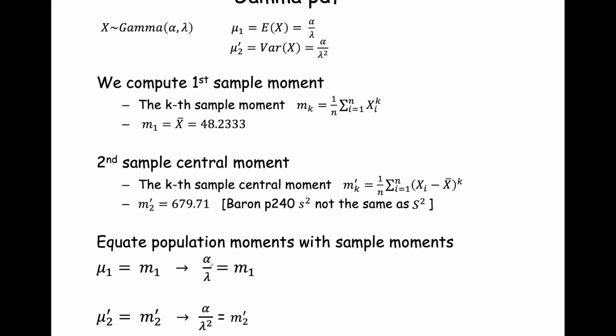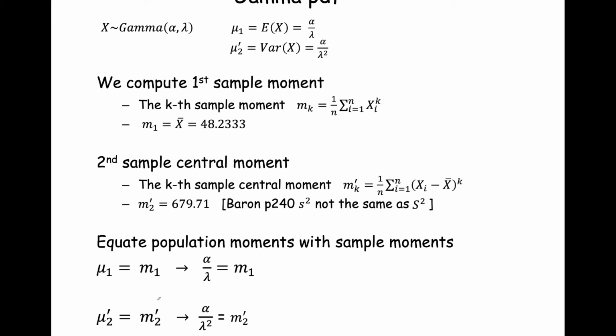We have alpha upon lambda is equal to m1. That's our alpha upon lambda, that's mu1. And then the second equation, we have alpha upon lambda squared is equal to m2 prime. So we're just equating the first moment with the first moment for population and sample, second central moment with the second central moment for population and sample.